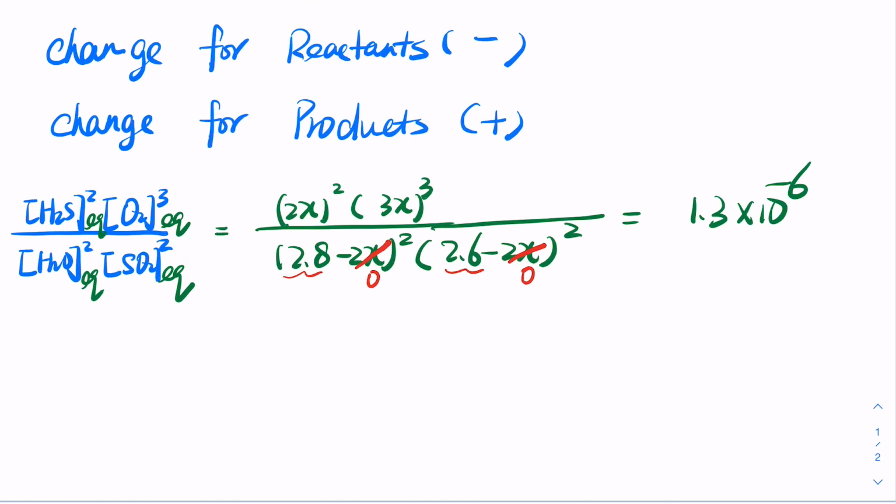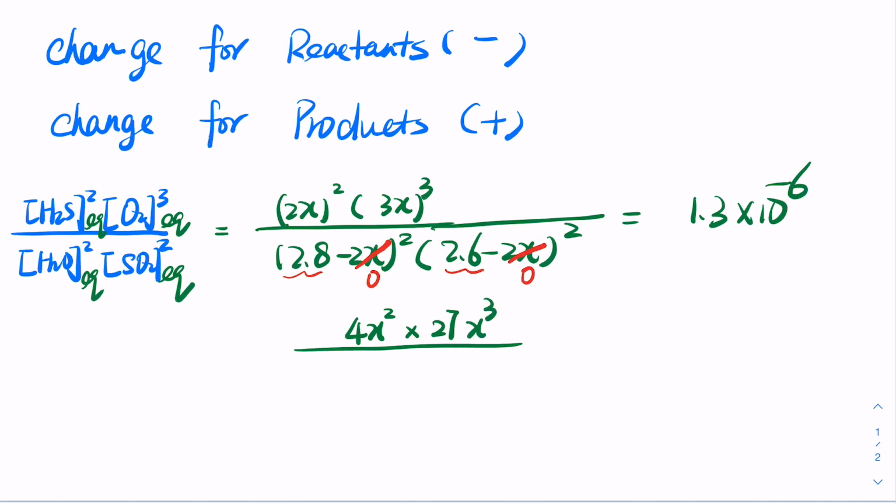On the numerator, you will have 4x squared times 3 to the power of 3, which is 27. Yes, 27.